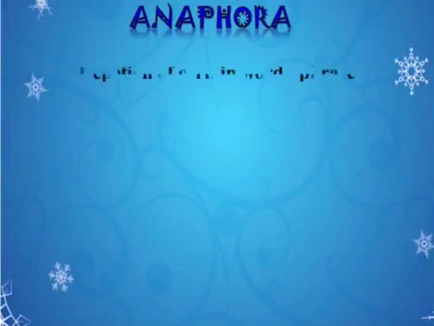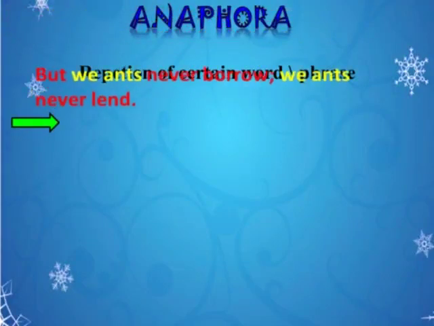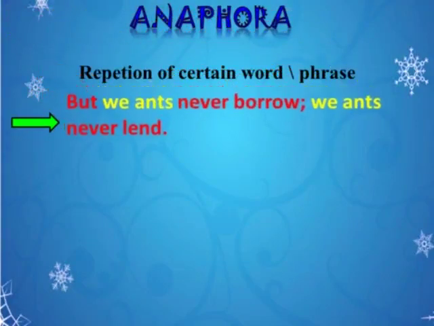Anaphora. Anaphora is a figure of speech where there is repetition of certain words or a phrase. Let's see the example. But we ants never borrow, we ants never lend. Here, we ants is repeated in the same line.